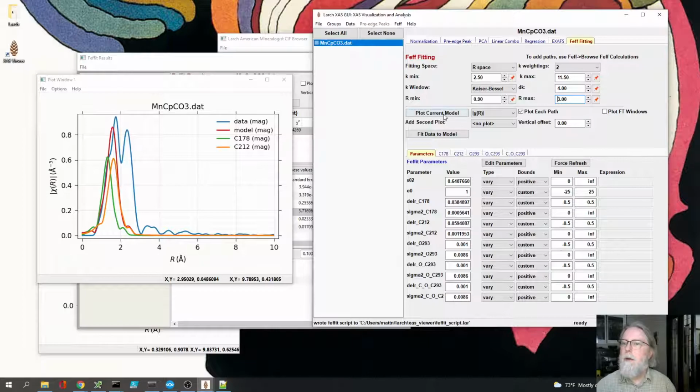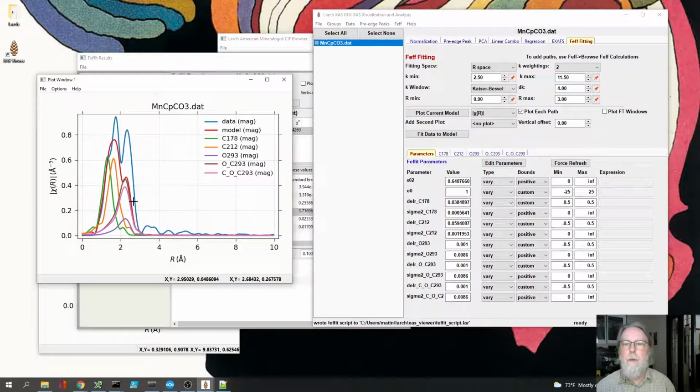If I plot the current model with all of those paths, you can see that now we have something that's not actually very close to right, but we're getting there for modeling this data. That might partly be because we have these terrible values that we included from earlier.